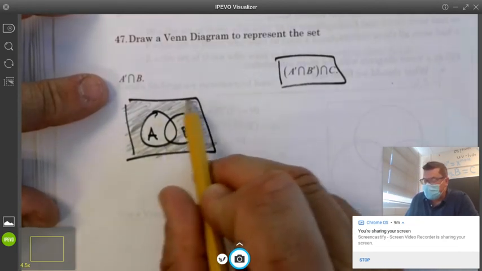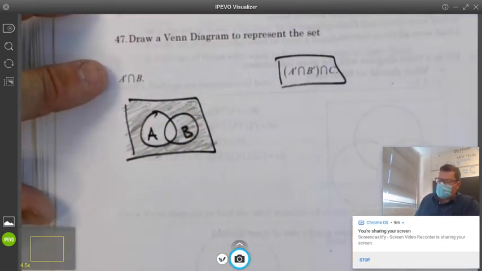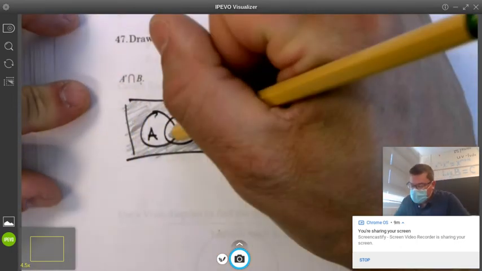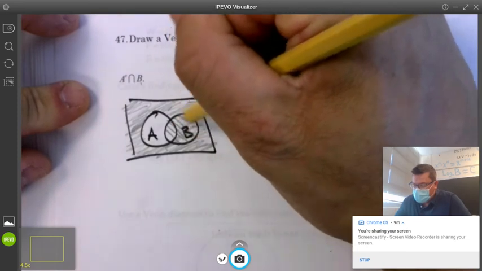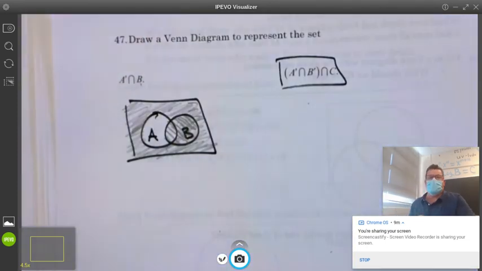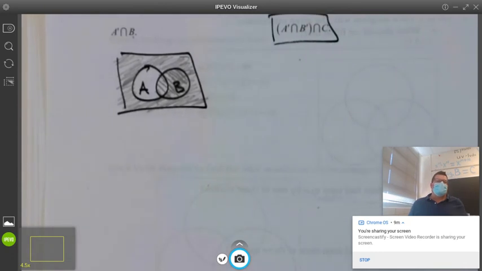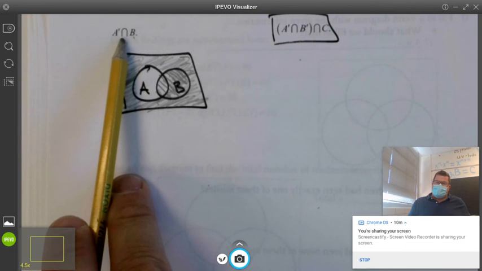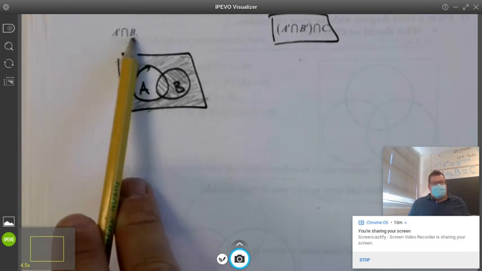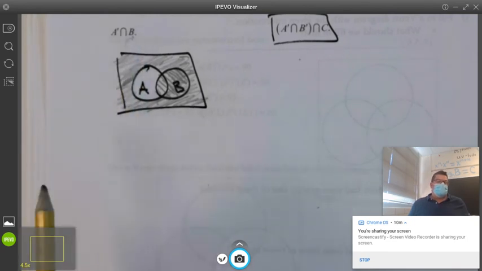That's everything but the A circle. Now we shade lightly everything in the B circle, and I'm going to shade this way this time. And I only want to keep where their shadings overlap, and at the same time. So what's not in A and at the same time is in B. Can you see that region?